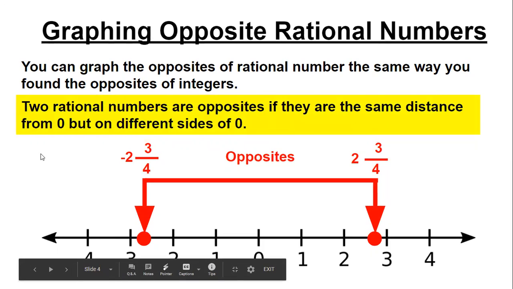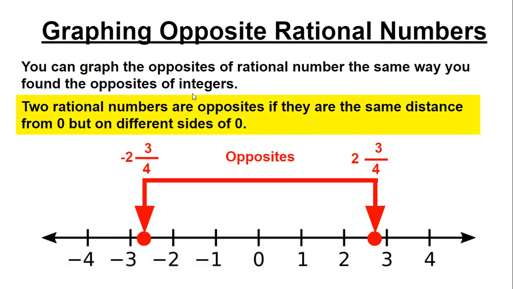The opposite of negative 2 3/4 is positive 2 3/4. Notice how we went past the 2, 3/4 of the way. And notice how negative 2 3/4 is the same distance from 0 as 2 3/4 is from 0, just on opposite sides of 0.